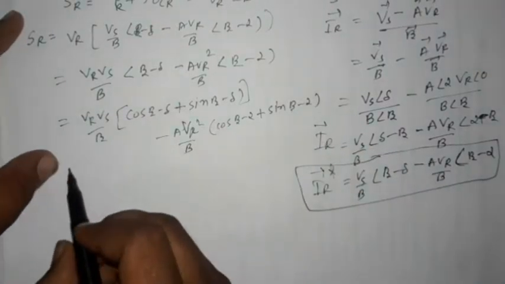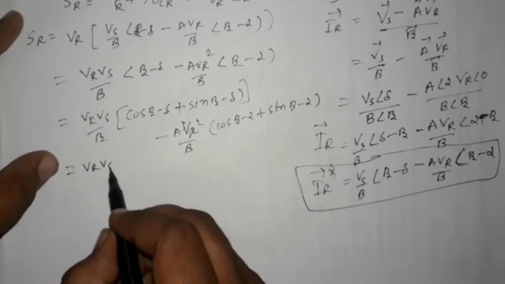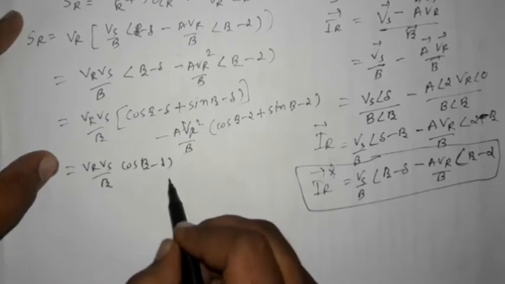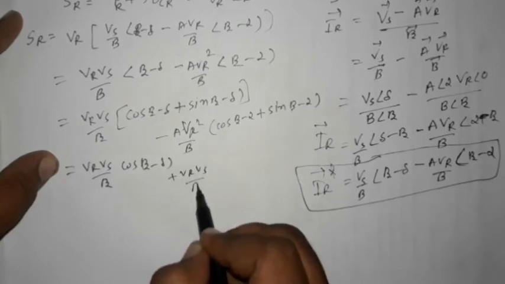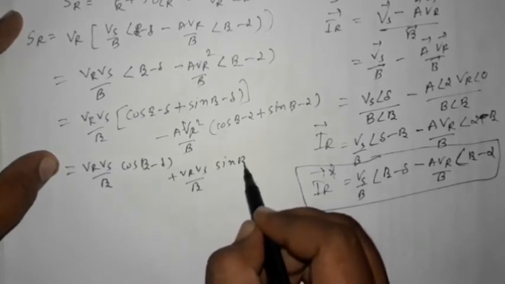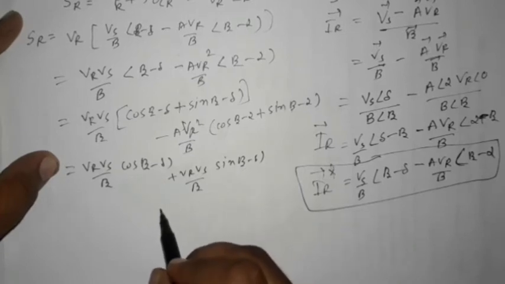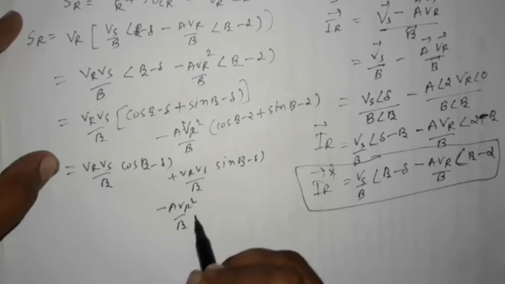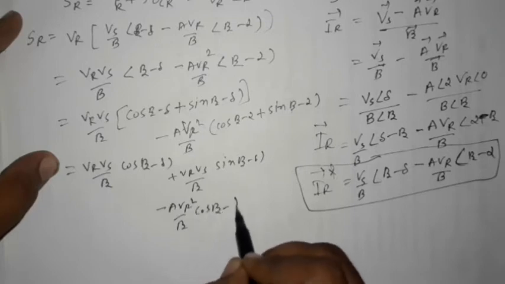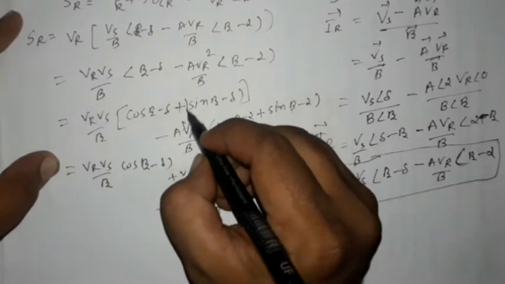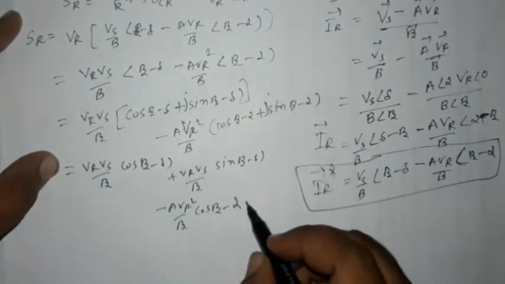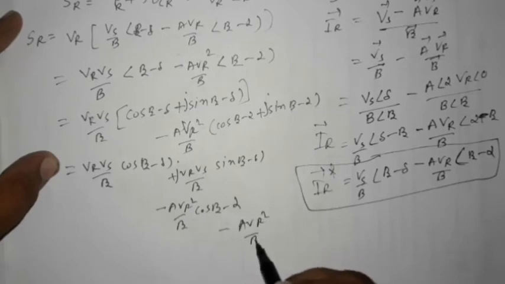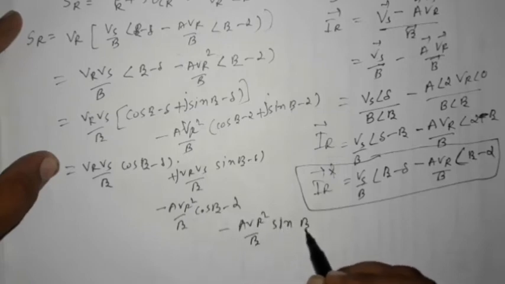Now we multiply the equation, so VR into Vs by B cos beta minus delta plus j VR into Vs by B sin beta minus delta, minus A VR square by B cos beta minus alpha, minus j A VR square by B sin beta minus alpha.